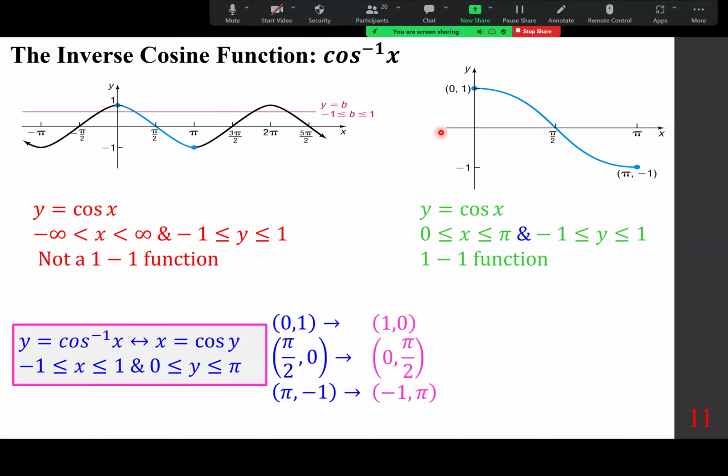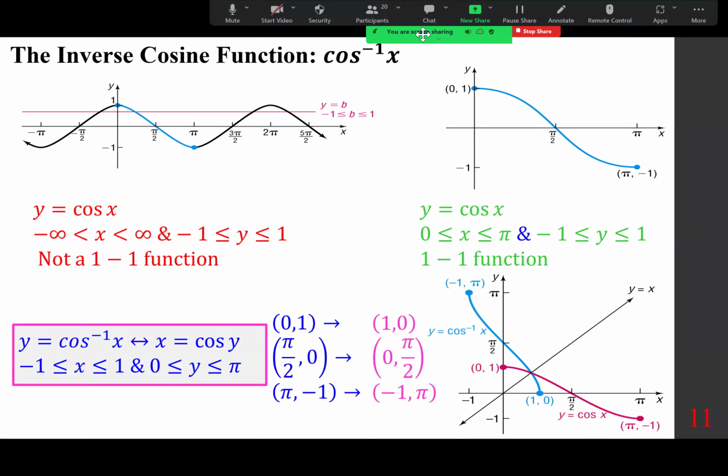Negative 1, pi is here. So looking like this. So graphing both of them on the same set of axes. Pretty straightforward, everybody.